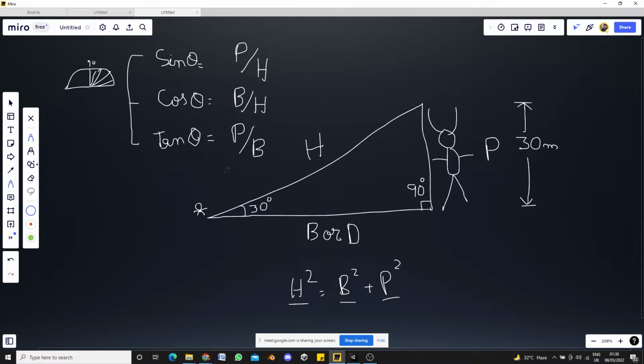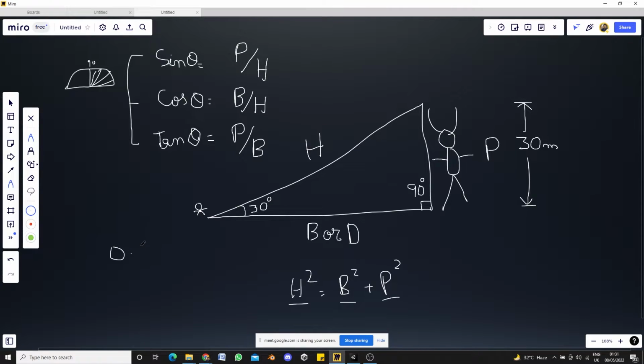Before we start, let me tell you the value of tan 30. Pretty soon you are going to learn this, but there are certain values. So take the value of tan 30 as 0.57735.